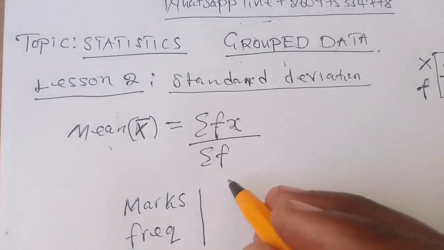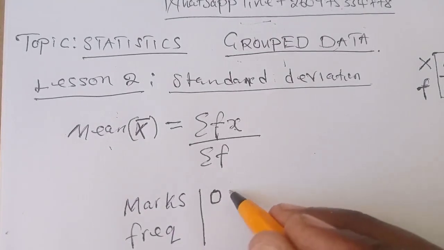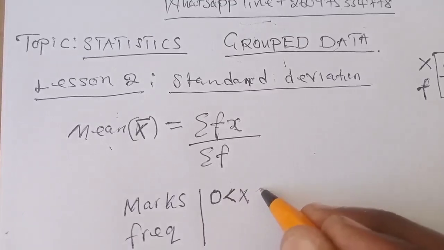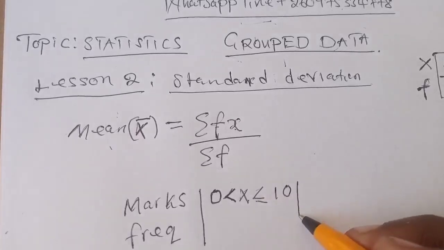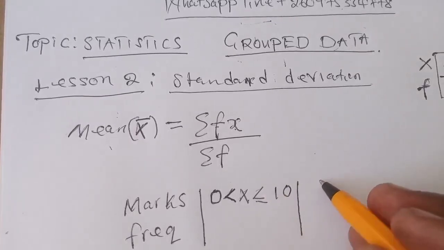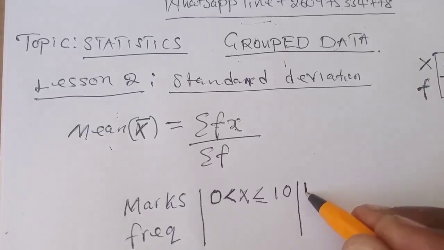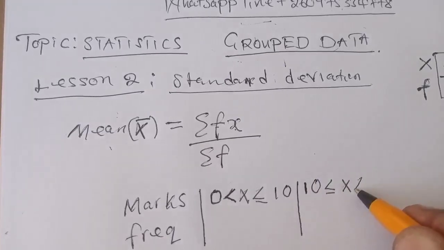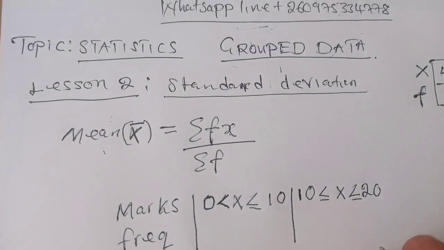It comes like this: 0 is less than x, x is less than 10. Then 10 is less than or equal to x, less than or equal to 20.